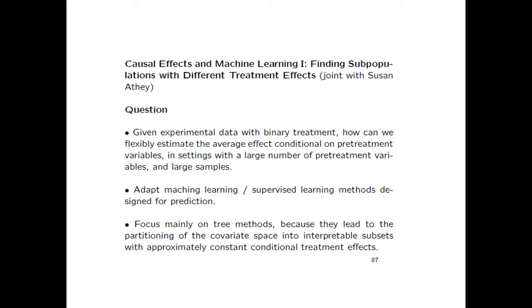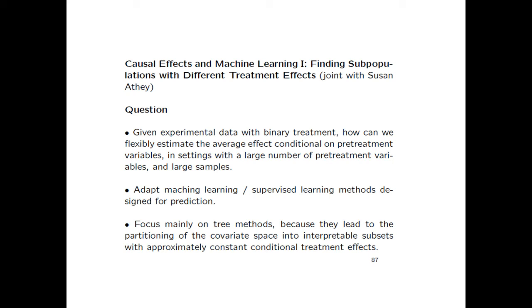So there's some work by McCaffrey, Ridgeway, and Morral where they use propensity score methods, in particular propensity score matching, and the only modification really is that they estimate the propensity score using machine learning methods, and they look at three types of methods, in particular random forests, as well as lasso type methods.